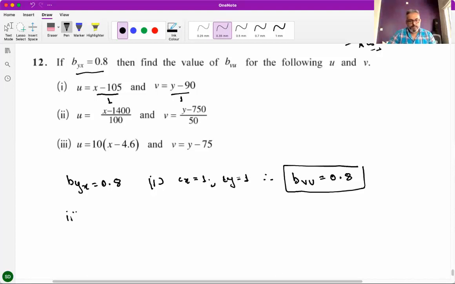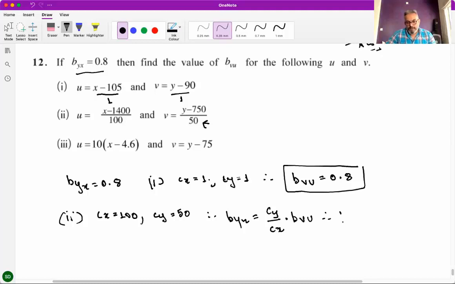Second one. In the second one, c of x is equal to 100 and c of y is equal to 50. Therefore, b y on x is equal to c of y upon c of x into b v on u.